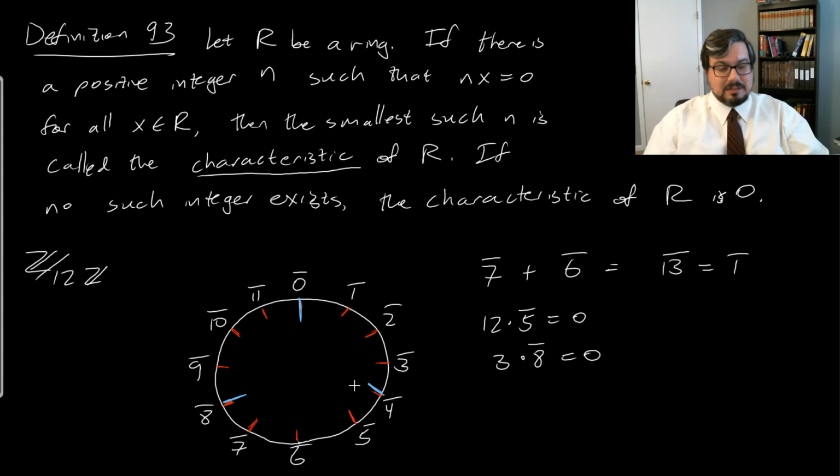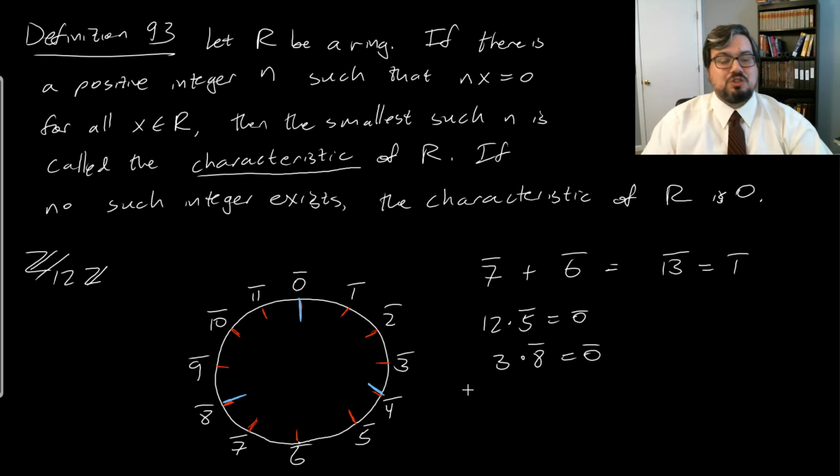And in fact, we can do this for all of them, and we can see that every number here comes back to 0 bar in at most 12 steps.